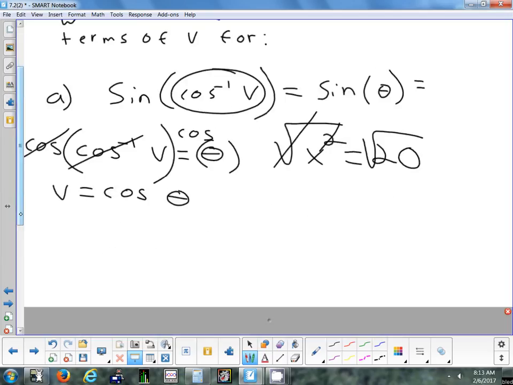All right, now I want to draw a picture of this. And I've got some information here that's going to help me draw it. In this picture, I need to put theta somewhere. Does it matter where I put theta? What do you think, Amanda?